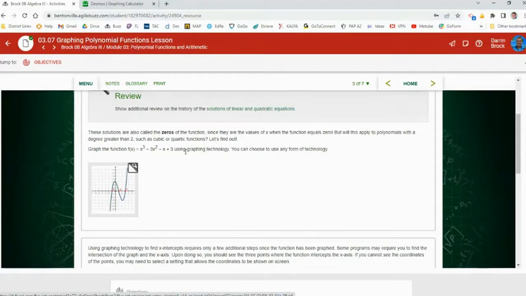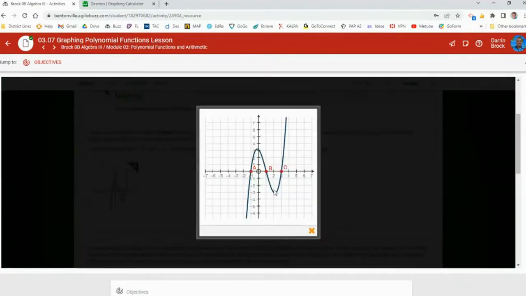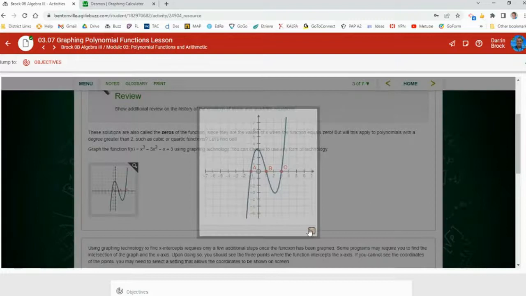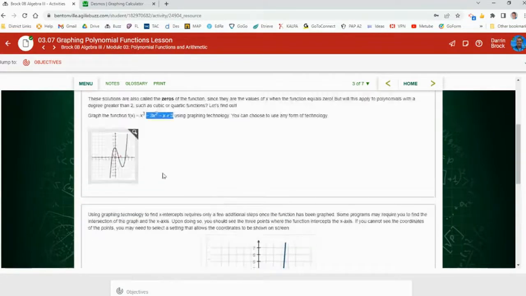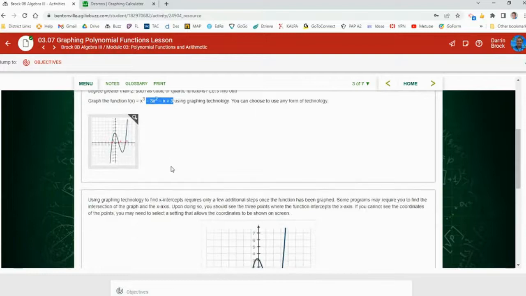Let's see. So when you graph that, again, that's our graph. This is a third degree. And it's obviously a positive coefficient because it's going to the positives on the right side. X to the third, so positive 1, minus 3x squared minus x plus 3. And so we find the 3 zeros.